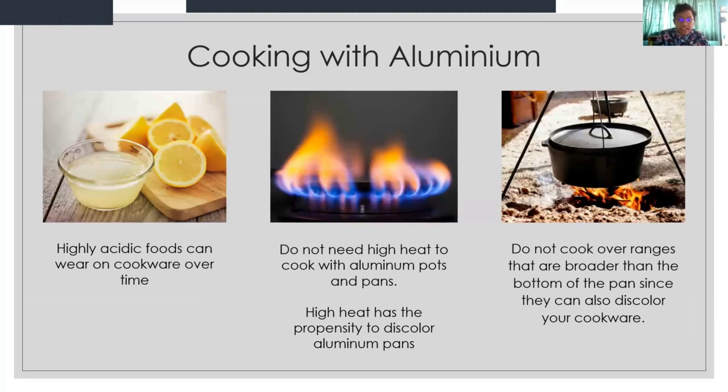And finally, we should not cook with aluminium pots and pans over burners that are broader than the bottom of the pan, since they can also discolor your cookware. This is not only about the soot which will discolor the bottom of the pan, but also, as I explained in the second tip, it will change its color into orange or yellowish red.